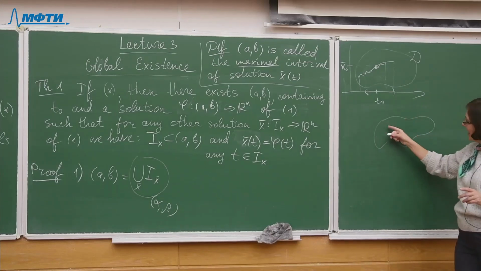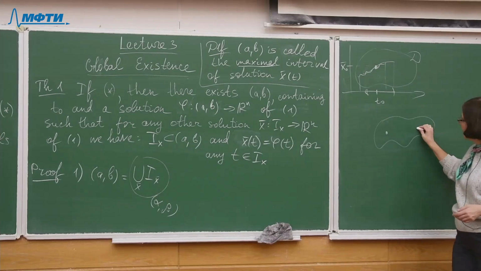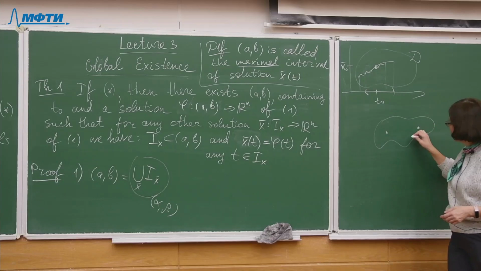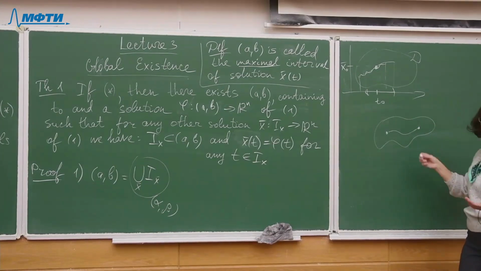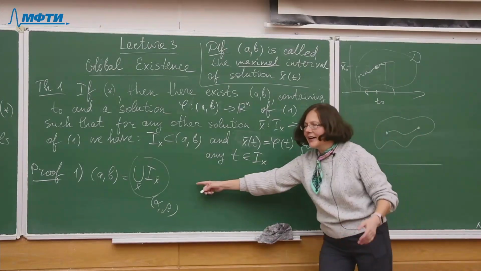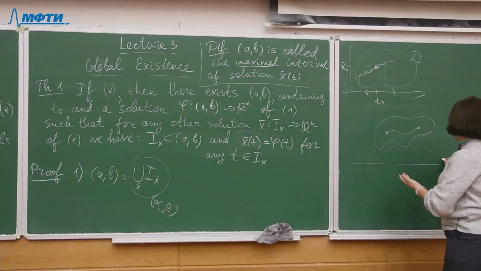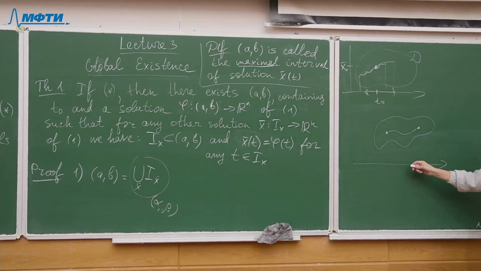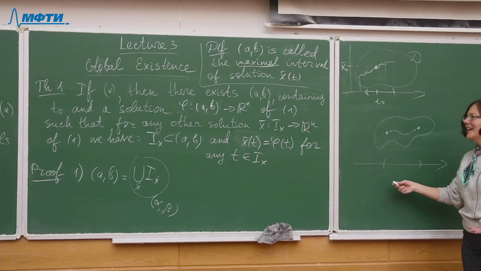So connected means any 2 points can be joined by some continuous curve, right? But here we live on R1, on the real line, and so by a connected set we mean just an interval, right?